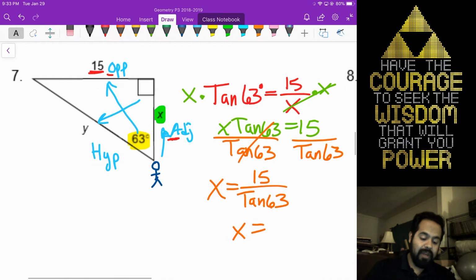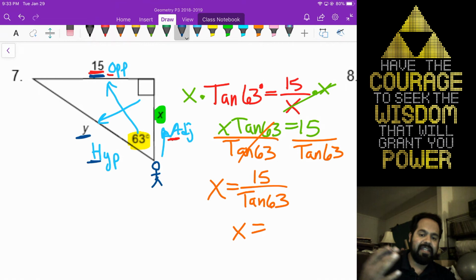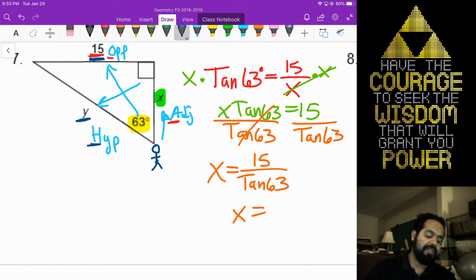Now, solving for y, we're doing something a little different because we have the 15 and the hypotenuse, the opposite and the hypotenuse. So instead of tangent, we're now going to use sine. So we're going to say sine of 63 degrees equals 15 over y.